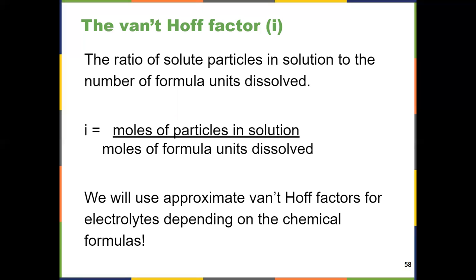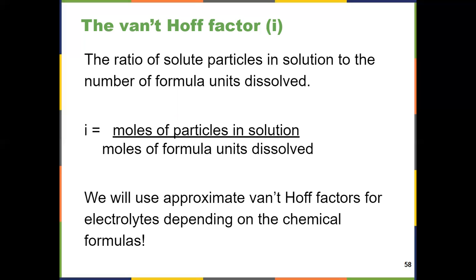For the test in this course, if you have an electrolyte, you can assume it fully dissociates and use an approximate whole number Van Hoff factor, which you get from the chemical formula. If it's a non-electrolyte, it's always 1. NaCl would be 2.